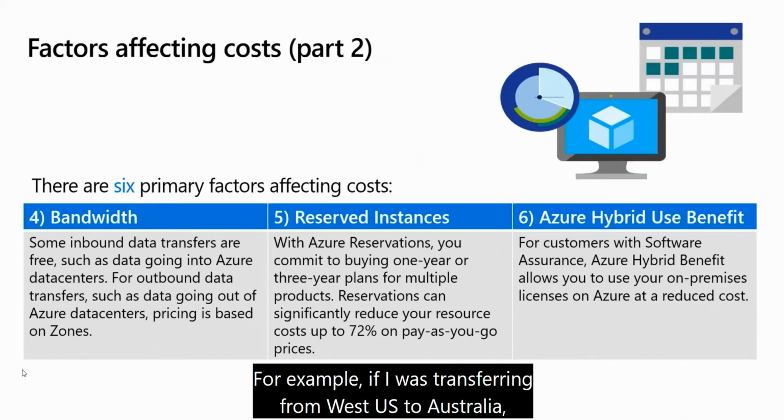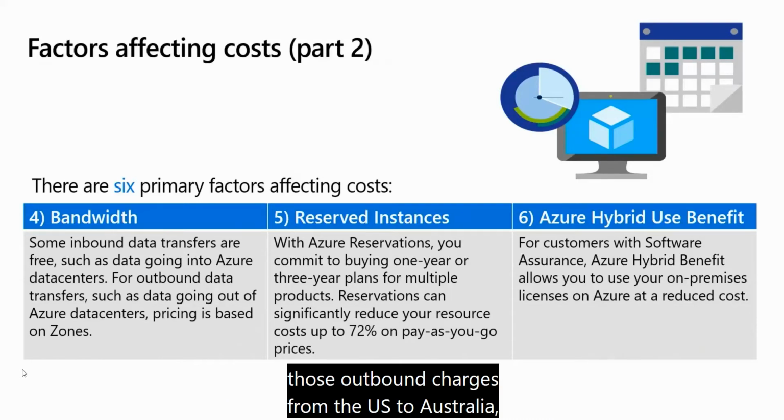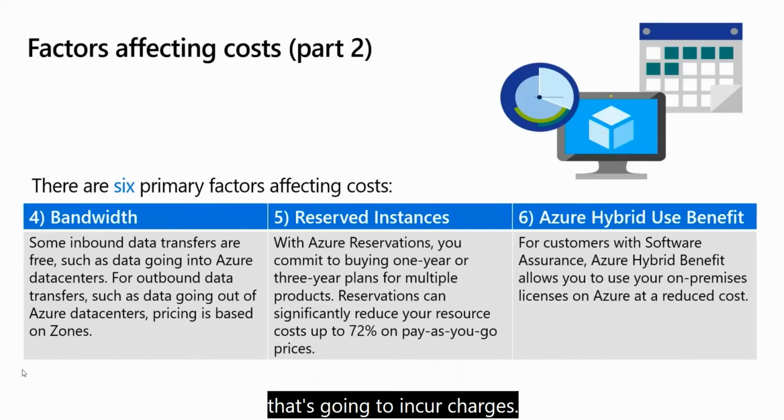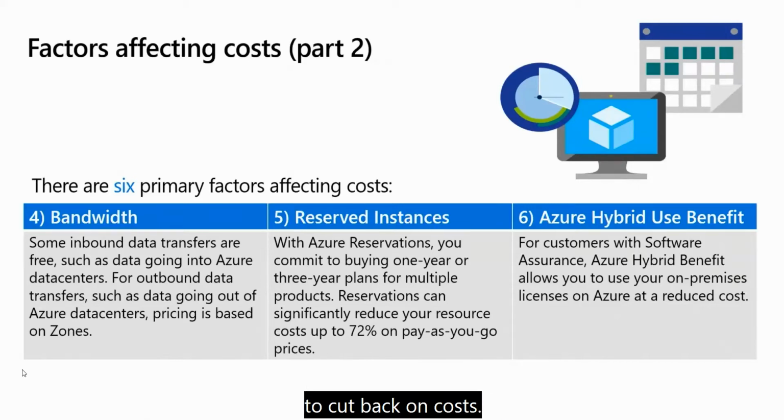So for example, if I was transferring from West US to Australia, so if I have resources deployed in a region, those outbound charges from the US to Australia, that's going to incur charges. So again, if possible, unless you have to, avoid deploying your resources outside of billing zones to cut back on costs.